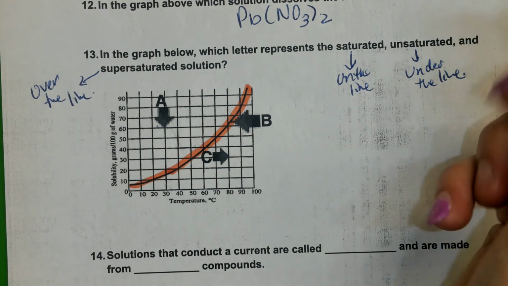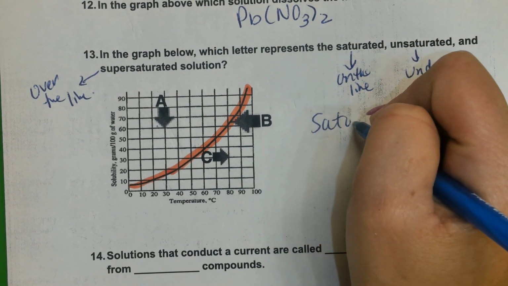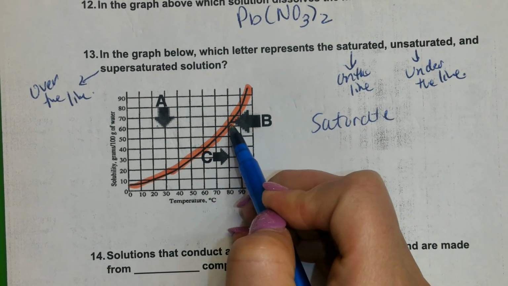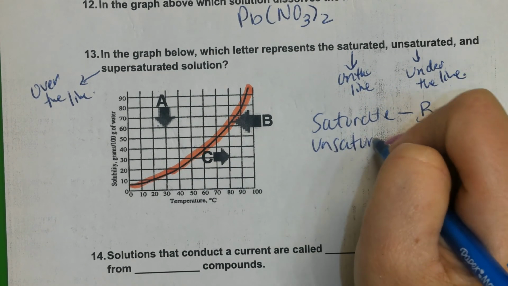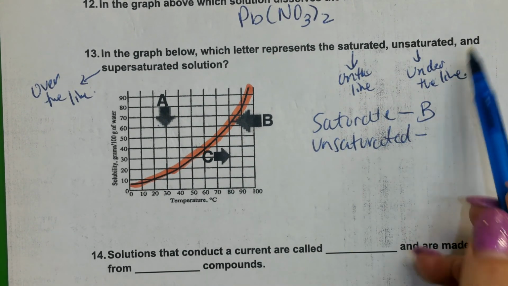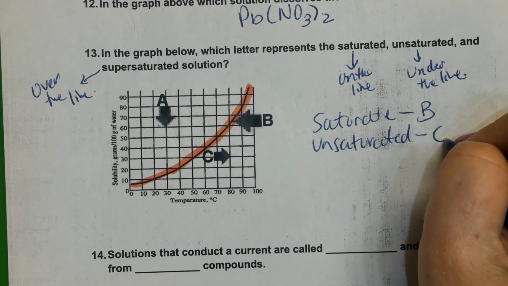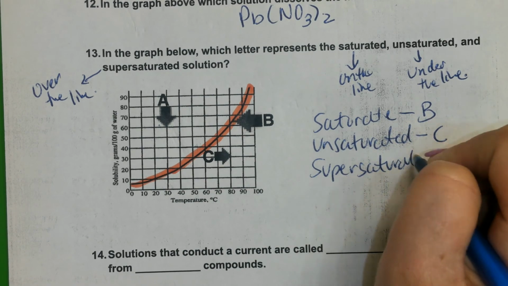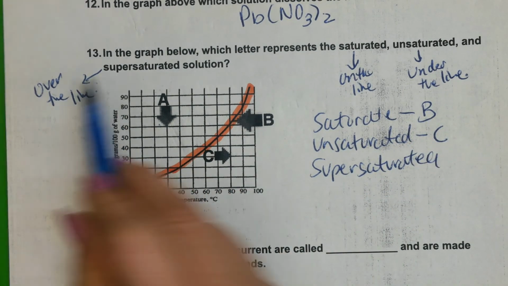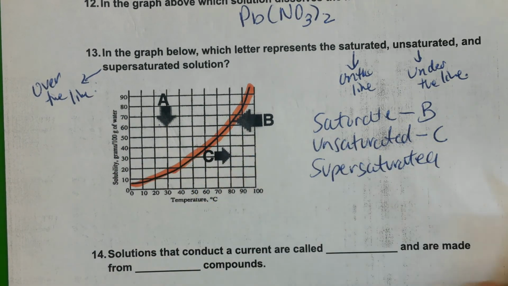Saturated is on the line, so it's B. Unsaturated is under the line, which is C. And supersaturated is over the line, which is obviously A.